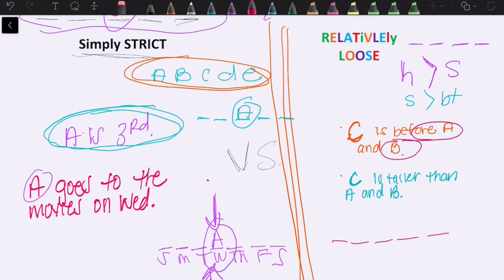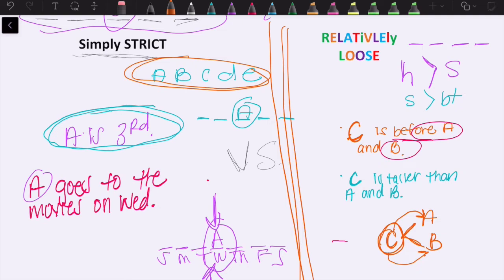No. But what do we know? We know that we can put C before A and before B, because relative to A, C is before, and relative to B, C is before.